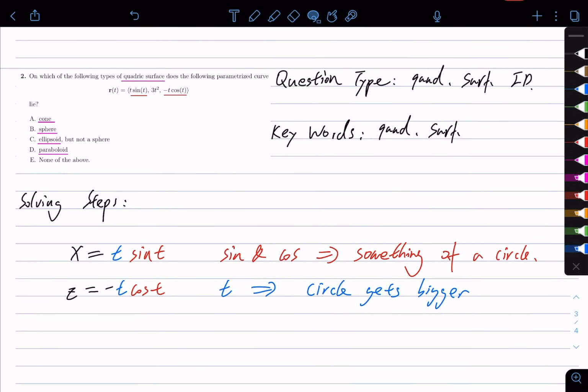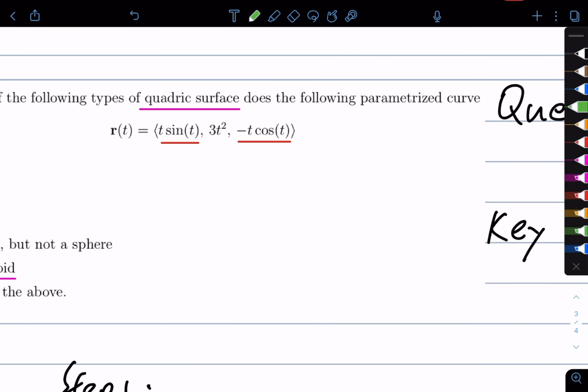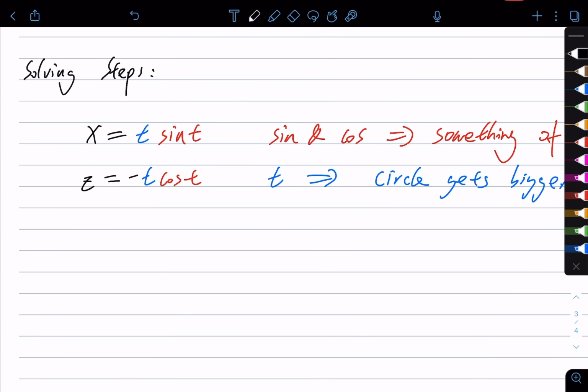Well, let's go ahead and finally examine the component of 3t squared. Right, so y equals 3t squared. Right, what is this? This is exactly a parabola, right?